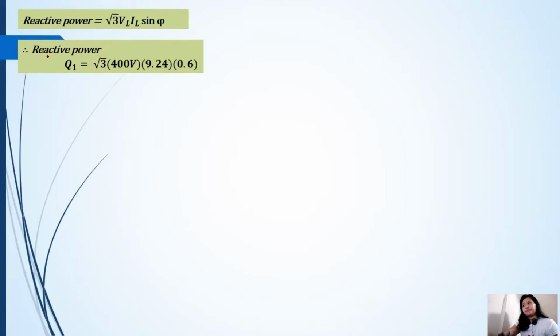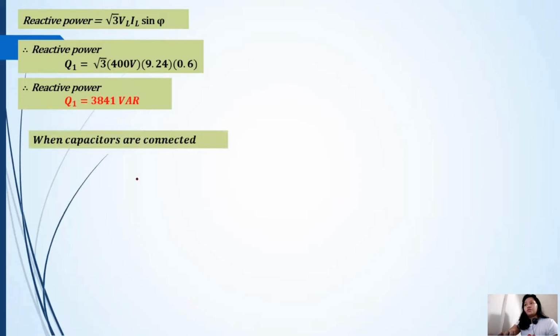So we will be having the reactive power as Q1. In multiplying these values, we will have an answer of 3,841 var. We use the unit var since we are solving for a reactive power.